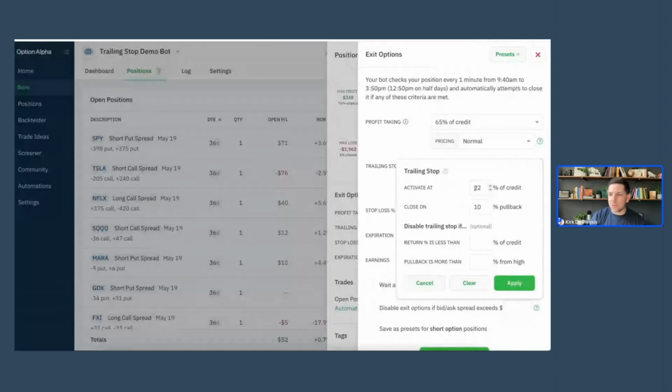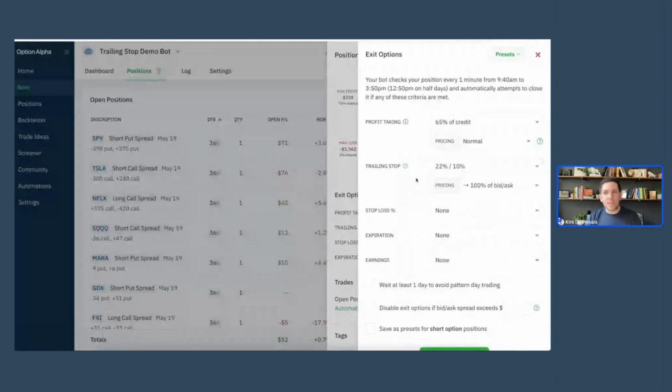I think the premium was around 23% of credit right now, so let's set it at 22% of credit with a 10% pullback. If I do that, because the high was over the 22% target, it should trigger the trailing stop to start trailing the position from that point.